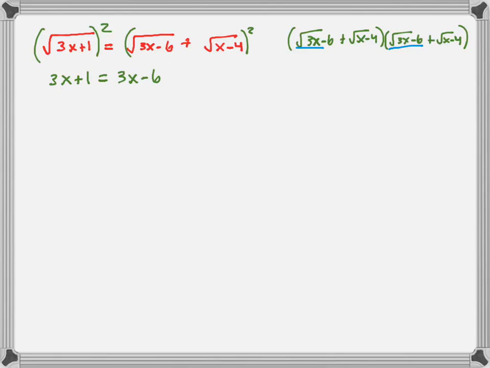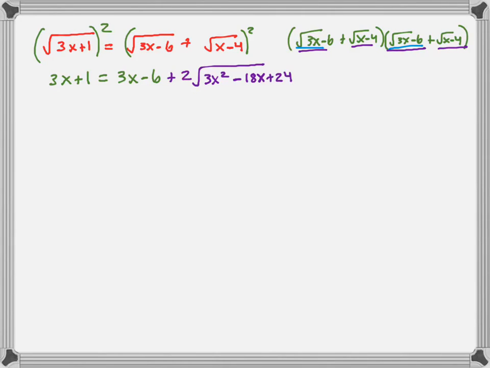And then if we multiply the first term and the second term, we get plus root 3x squared minus 18x plus 24, and then we actually do that again.